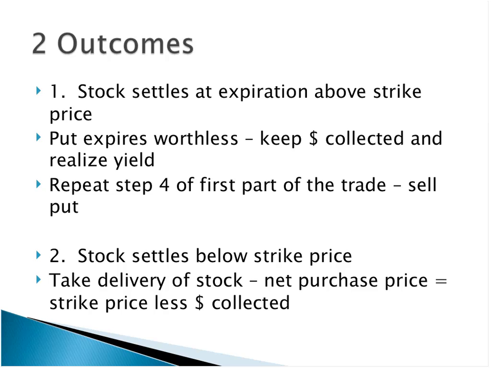I'd be assigned. I'd be forced to buy it at 70. My net purchase price is 70, take away my 50 cents, so I'm buying it at $69.50. So now I own this stock at $69.50. I've established a long stock position in a stock that I'm okay to own.